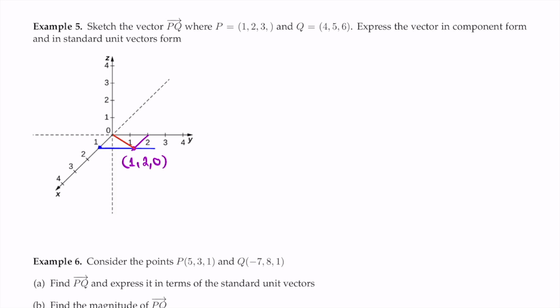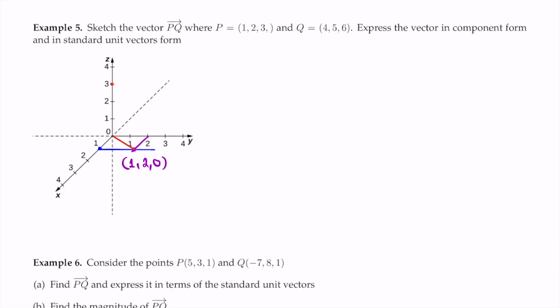So this is the line segment with two ends, one at the origin, the other at the point 1, 2, 0. From the origin, you go up the z-axis by 3 units because z is equal to 3 in this case. And from there, we draw a line that is parallel to the red line segment.